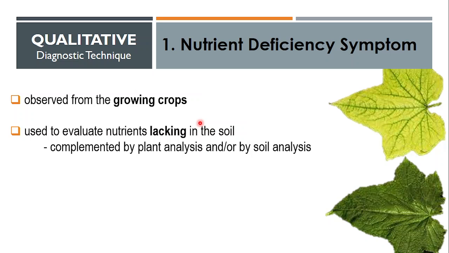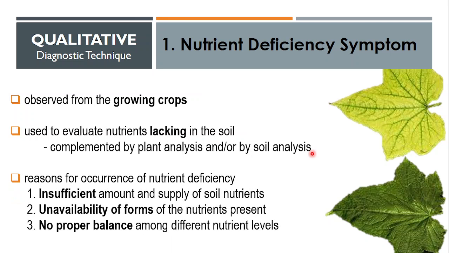So may nakatanim ka dyan, you are just going to observe the appearance of the crop if there are possible nutrient deficiency symptoms that are being manifested by your crop. This is best if complemented by plant analysis and or by soil analysis. These two methods are discussed earlier.